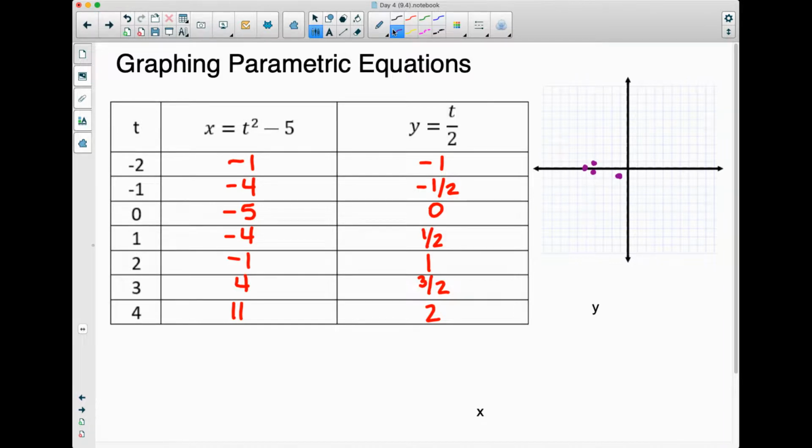Mine's of course going to be off because you can't see these blue lines. Okay, so I have my starting point, which was down here.